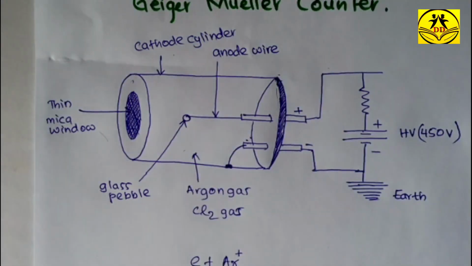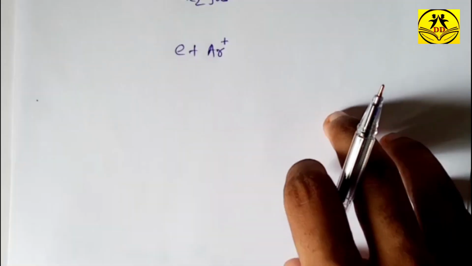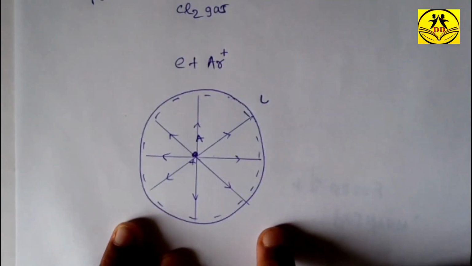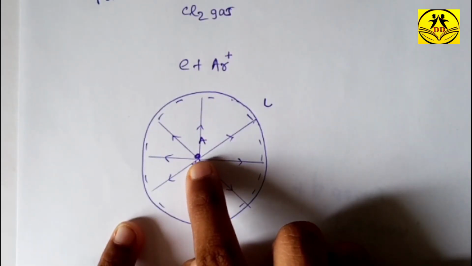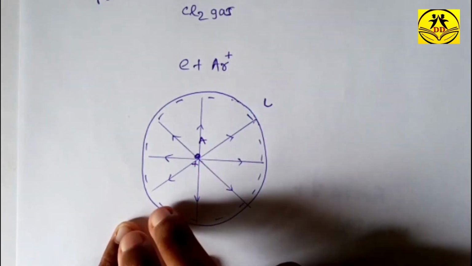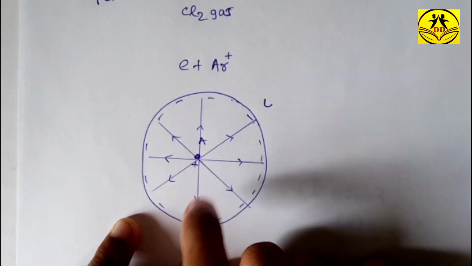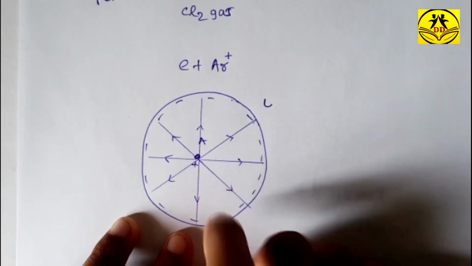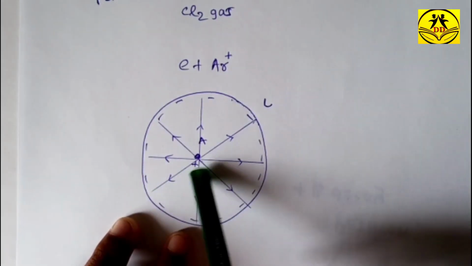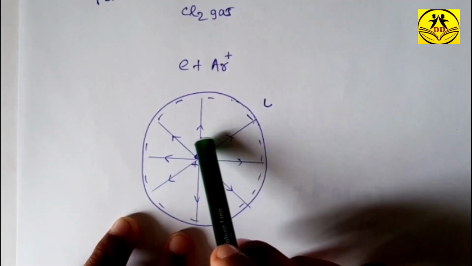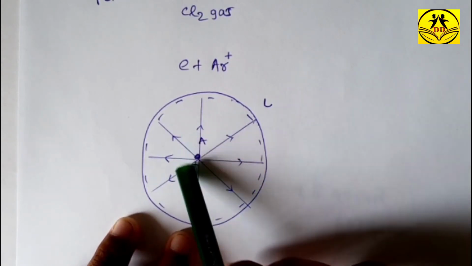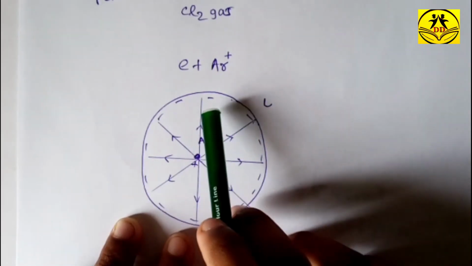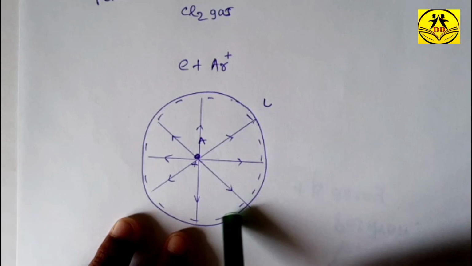If we draw a diagram to show the electric field between the cathode and anode, with electric flux lines between the anode wire and the cylindrical cathode, anode positive and cathode negative, we can see that the electric field intensity about the anode is very high because the number of flux lines per unit area is greater, but the electric field intensity towards the cathode will be less.